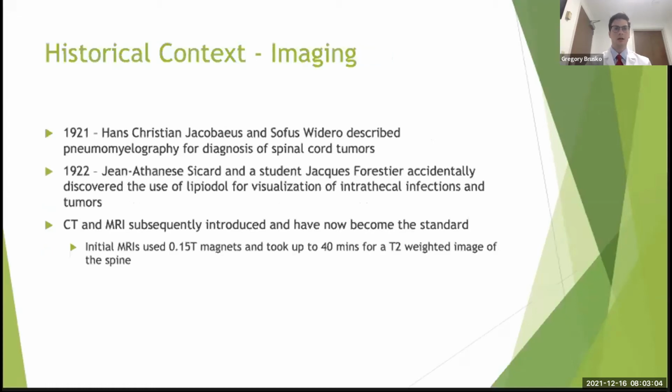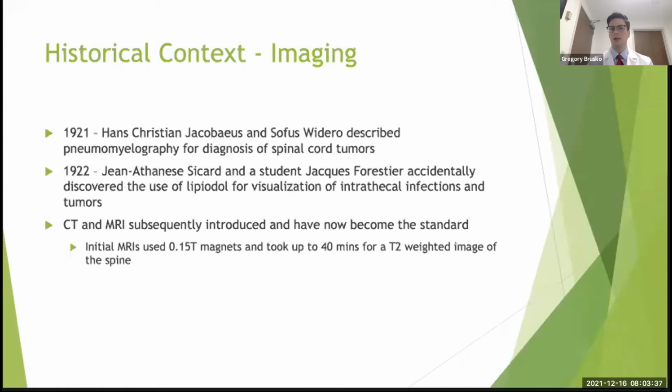There are also some various imaging modalities that came about over the last century that led to improvements in surgical resection. In 1921, pneumomyelography was developed and used for diagnosis of spinal cord tumors. This was similar to Walter Dandy's work with pneumoencephalograms for identifying intracranial tumors. And then in 1922, Sicard and one of his students accidentally discovered the use of lipiodol for visualization of the intrathecal compartment.